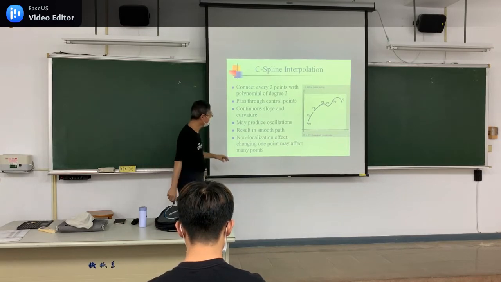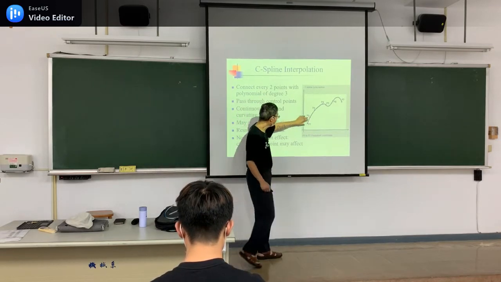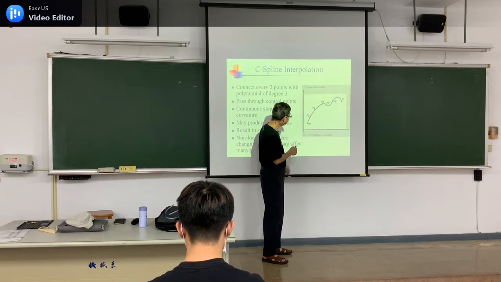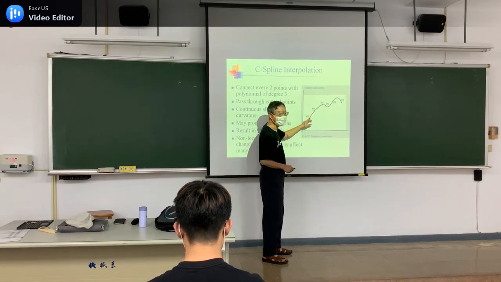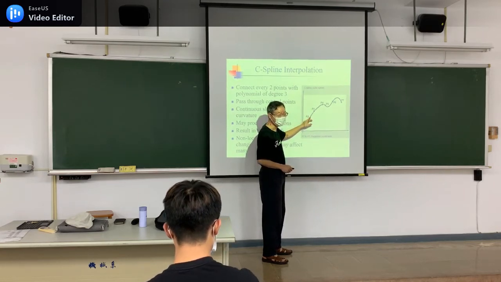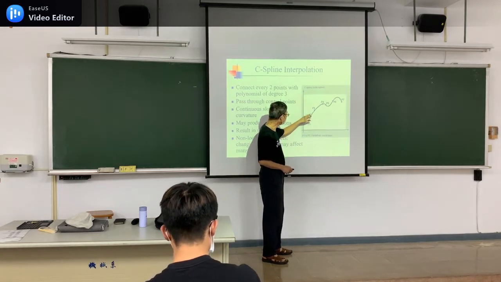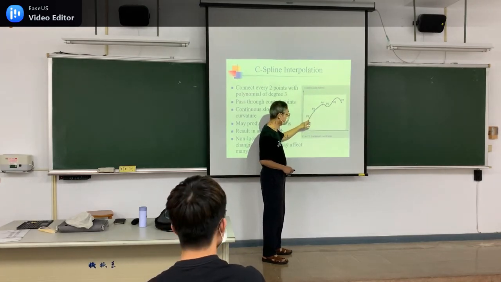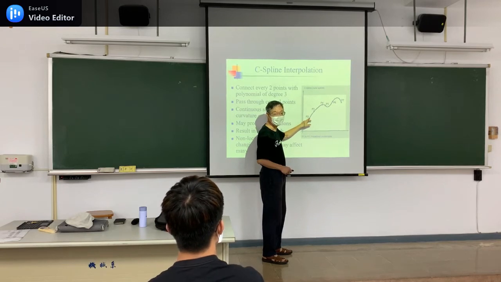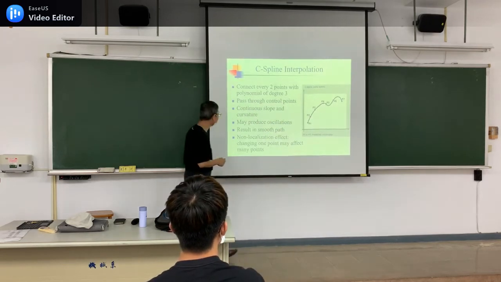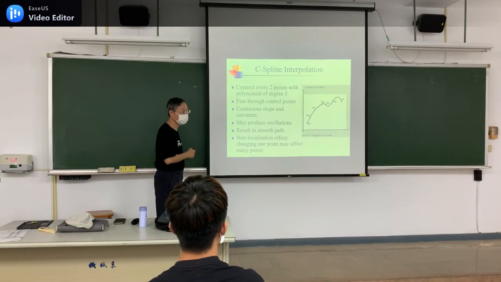So normally, for additional conditions, we will require the tangent to be the same for this curve and this curve at the junction point. So we can have the so-called continuous slope.